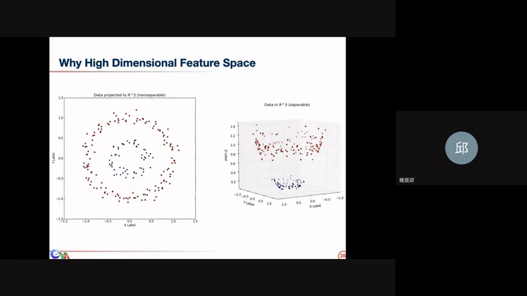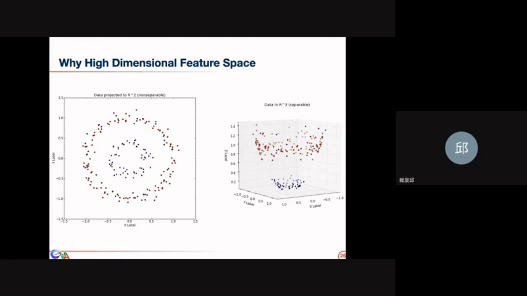If we don't use this high dimensional feature space, and I still want to use 2D as my main representation, then in this 2D space, if you want to separate these two groups in your original data space, you need to use a nonlinear classifier.